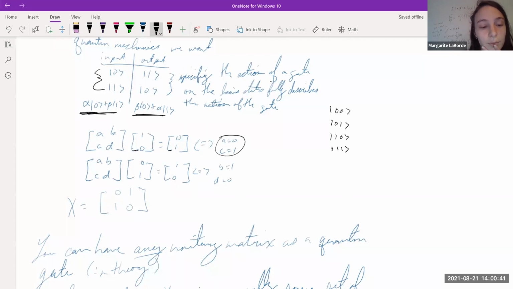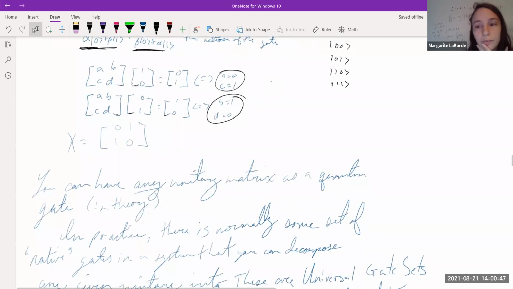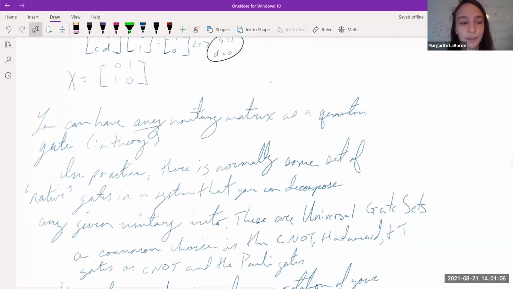And then if I do the same thing, acting on the 1 state, knowing I should get out the 0, that tells me my other 2 elements, and then I can perfectly specify my Pauli X gate, my NOT gate. And generally speaking, this always works. So if you know the action that you want from a gate, and you don't necessarily know exactly what it looks like, then you can use linear algebra to solve for all of your elements. Okay.